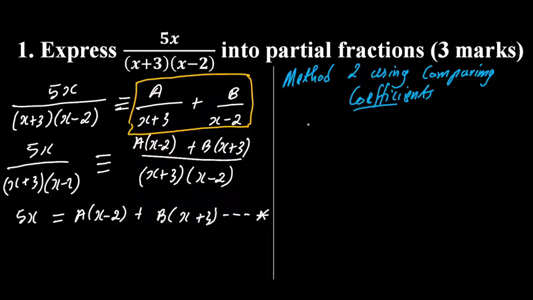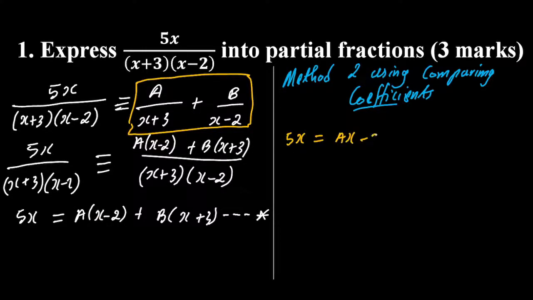So in this case, what we need to do is expand the right hand side and compare the coefficients. On the left hand side we have 5x, to be equal to, expanding this, A times x, we have Ax.